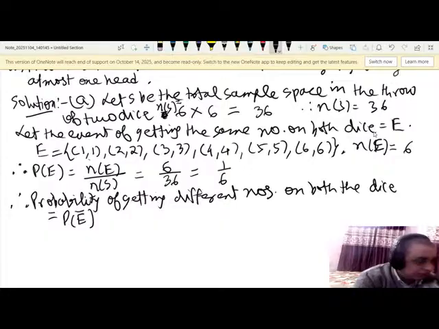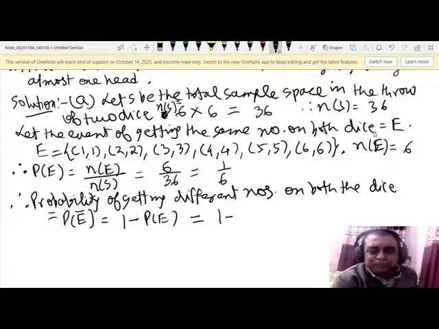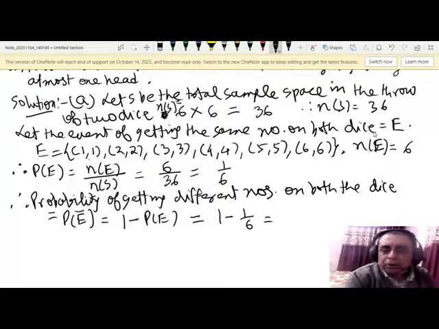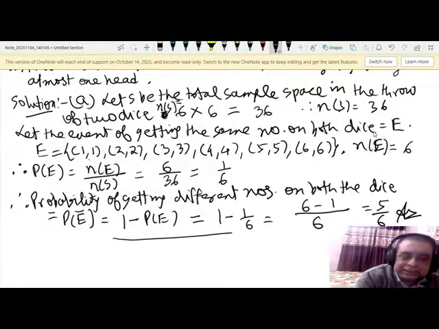The formula is 1 minus PE. So what is PE? It is 1 upon 6. Now you subtract it. Take the LCM 6. So 6 minus 1, which is 5 upon 6. That is the probability of getting different numbers on both the dice.